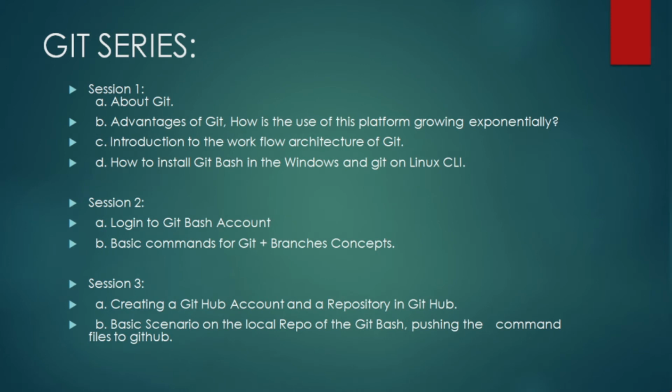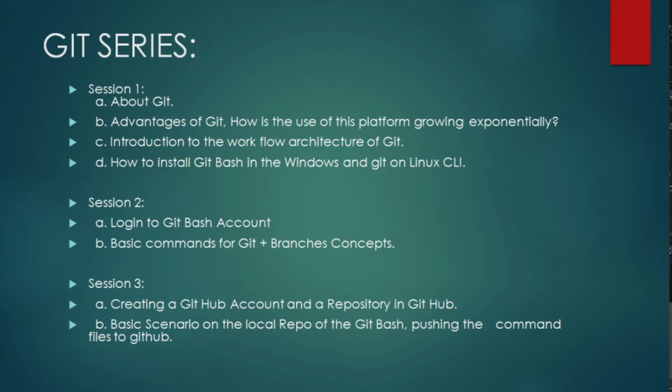We're going to learn about the workflow architecture of Git, like how Git works behind the scenes. And we're also going to install Git Bash in Windows and Git on the Linux CLI. In session 2, we will log in to a Git Bash account or Git account in the Linux CLI. We're going to learn about basic commands for Git and branch concepts.